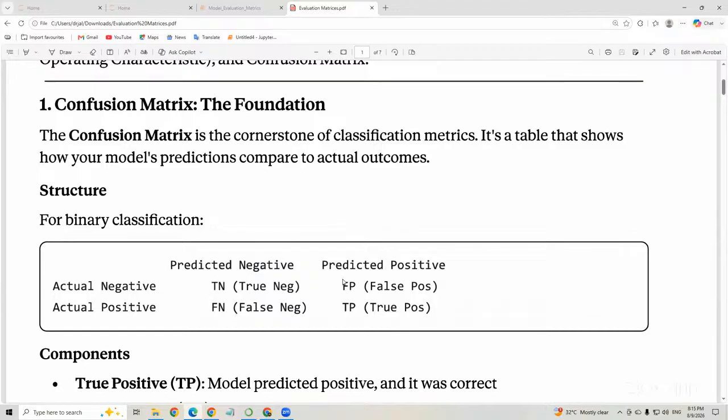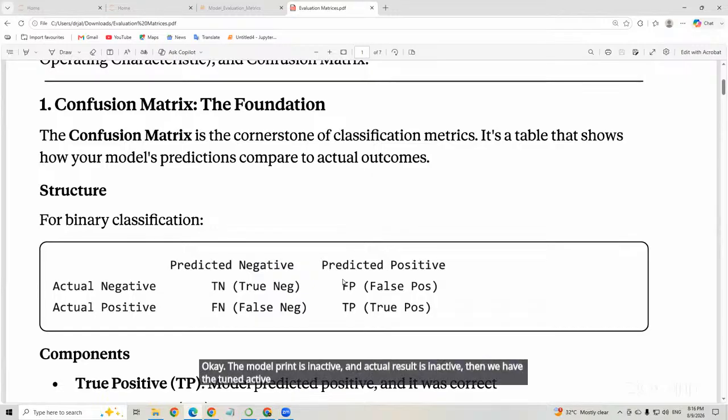Take the true positive. The example is a patient in our healthcare data set. A patient actually has the disease, and our model correctly predicted that the patient has the disease. If the model predicted negative and the actual result is negative, then we have a true negative.